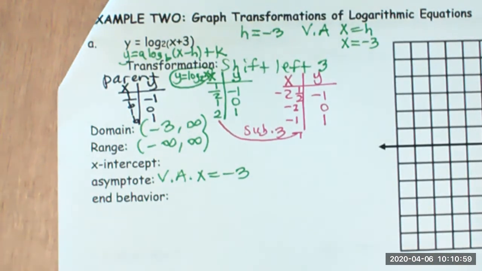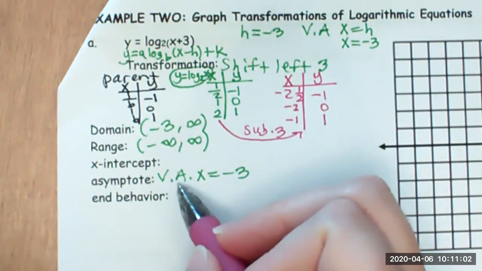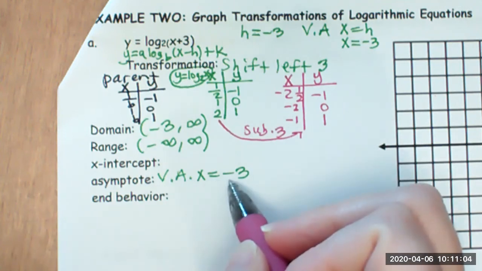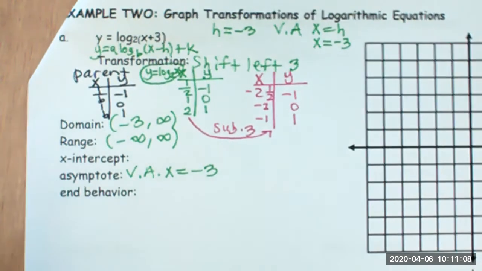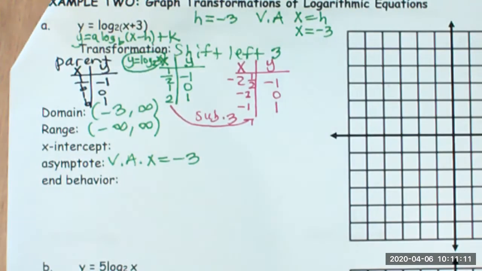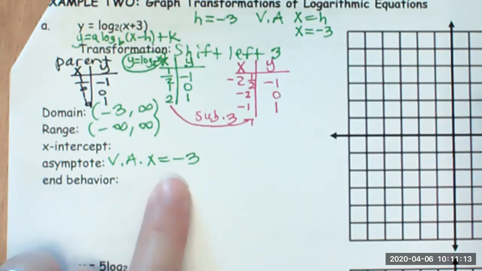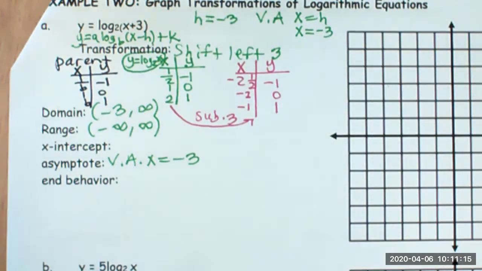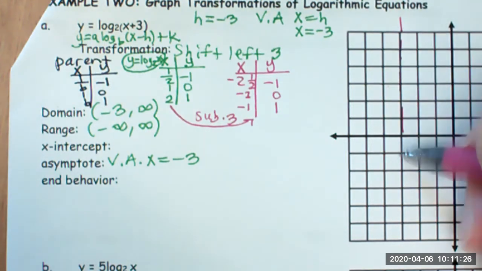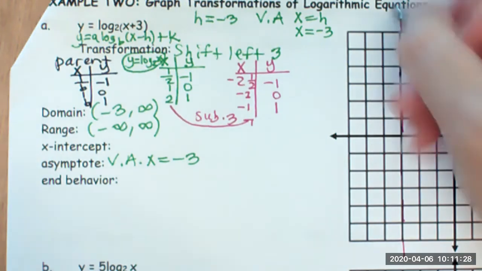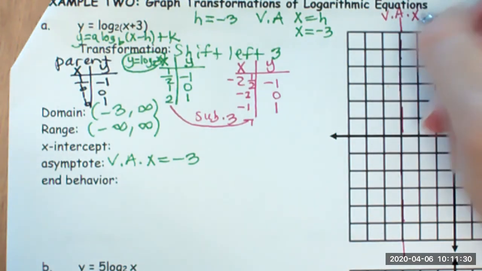So let's keep in mind that vertical asymptote is at x equals negative 3. I'm going to dash that in, because it's not an axis. So I'll dash in that vertical asymptote at x equals negative 3, in pink. Okay, so there's the vertical asymptote at x equals negative 3.